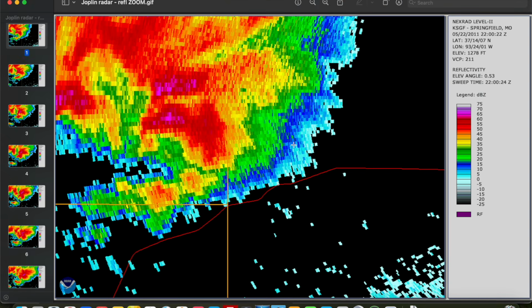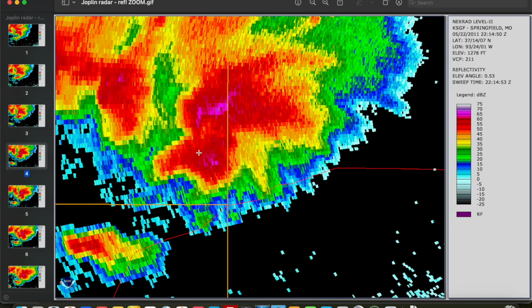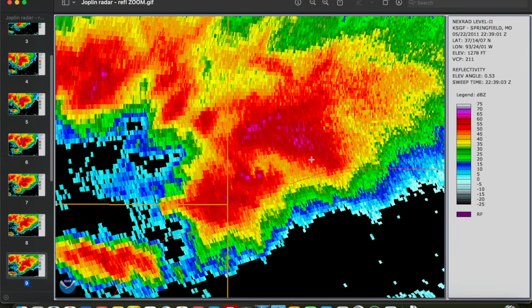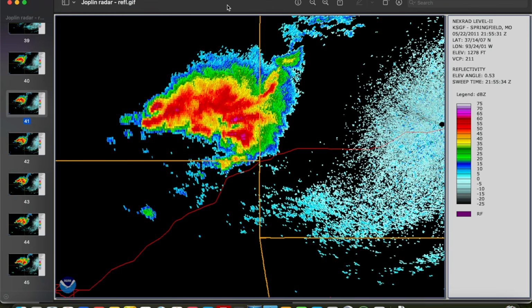So Storm B was already a legitimate supercell, and we got a merger between Storm B and Storm A's complex, and this tertiary storm, Storm C down here, and they eventually merged and became one supercell, and that quickly ramped up the tornado potential with this Joplin supercell once it crossed the Kansas-Missouri border. So storm mergers played a very critical part in the powerful nature of the Joplin tornadic supercell here.